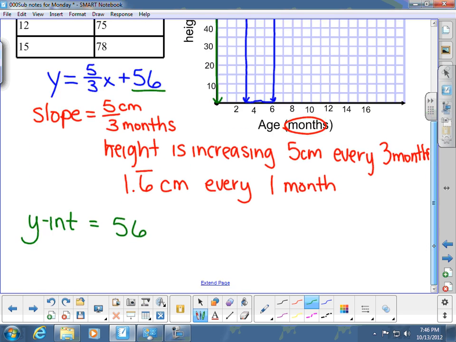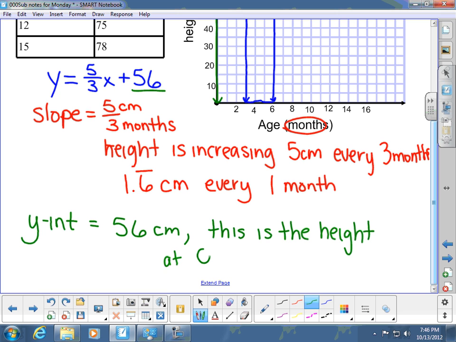So this is saying that the beginning height was 56 centimeters, or that this child, or the average child, is about 56 centimeters when born. This is the height at 0 months or when the child is born.